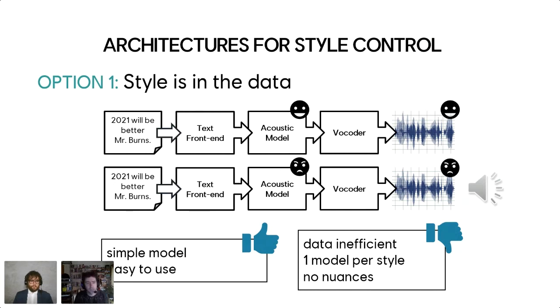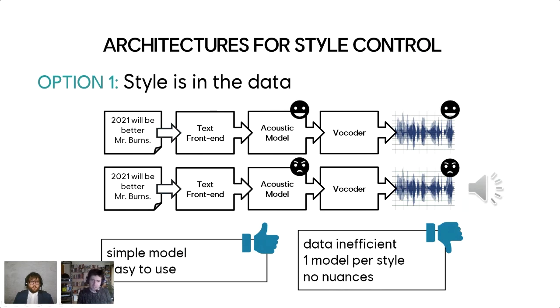But as I said before, angry is a spectrum, and in that case, you don't really choose which type of anger you're gonna get. One way to circumvent this is to put some stochasticity in your acoustic model, and then you never get the same line. So you generate several and you choose the best one, the one that fits best for you.